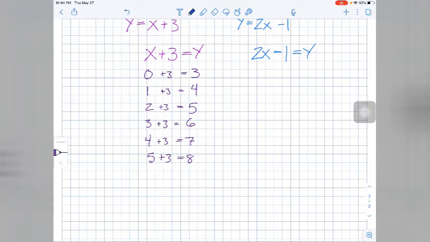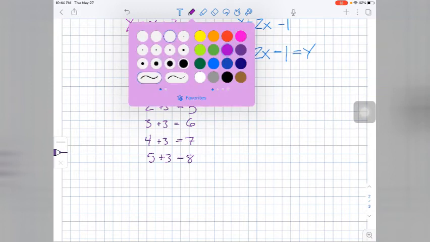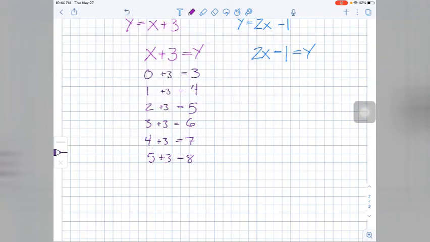Let's go through this and do our number sets. Our possible answer sets here are 0 and 3, 1 and 4, that's a pair in the pattern. 2 and 5, 3 and 6, 4 and 7, so when x is 4, y is 7.